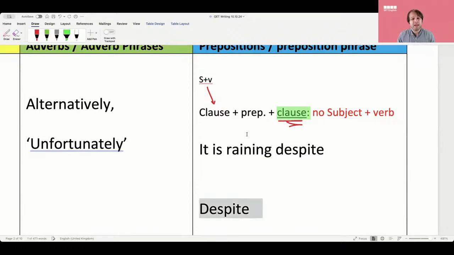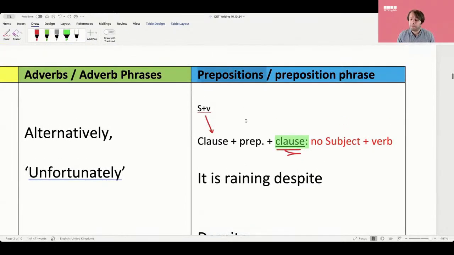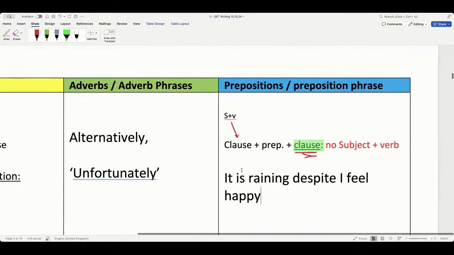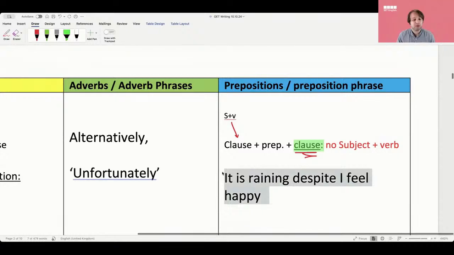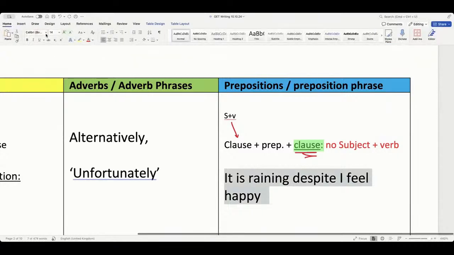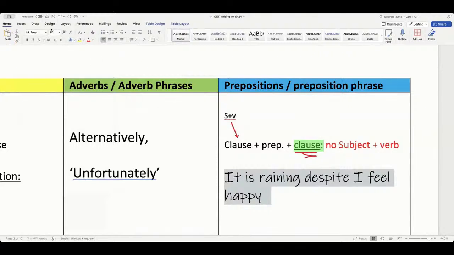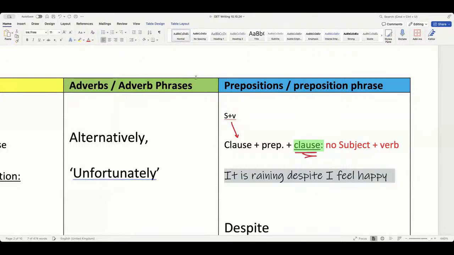So despite is contrast. It is raining despite I feel happy. What's wrong? I is the subject, feel is the verb. Feeling, ing. There is a problem.